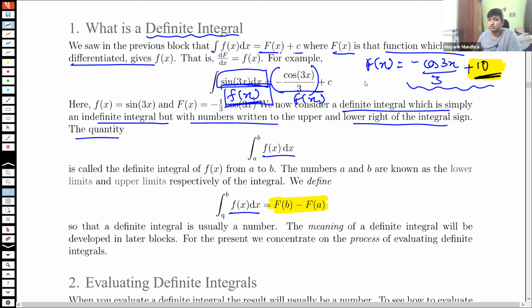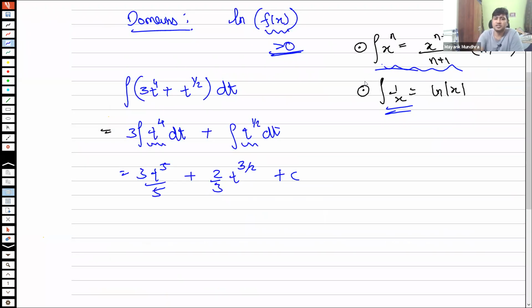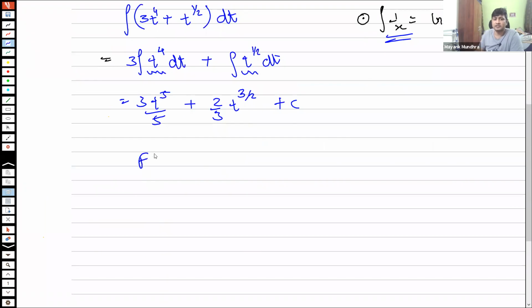So to see this, consider that my F of x is actually minus cos 3x upon 3 plus some unknown constant k. I don't know what this constant is.